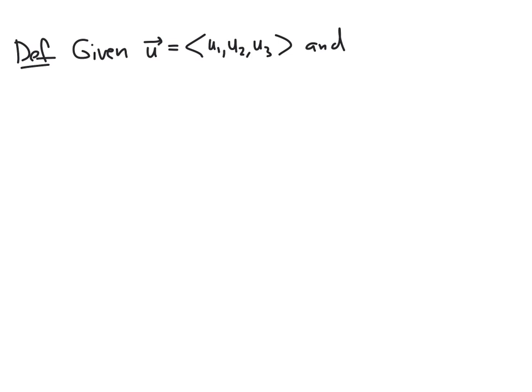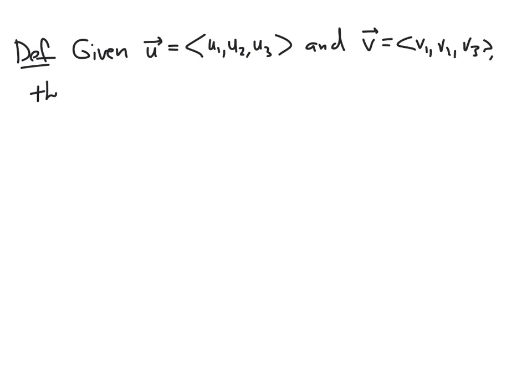So the first thing we need to do is define how to compute the dot product. Let's say that we're given a vector u, which has components u1, u2, and u3, and another vector v with components v1, v2, and v3.